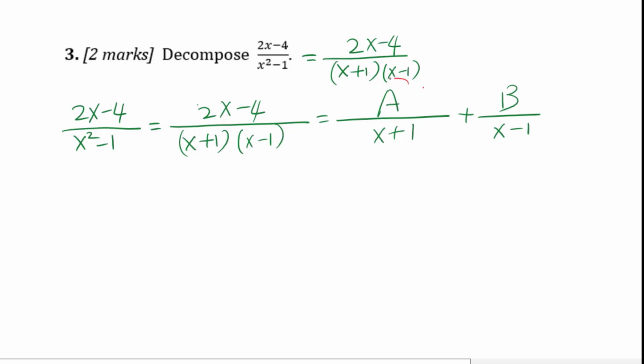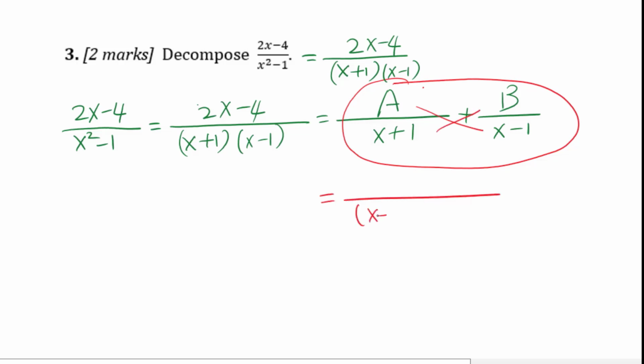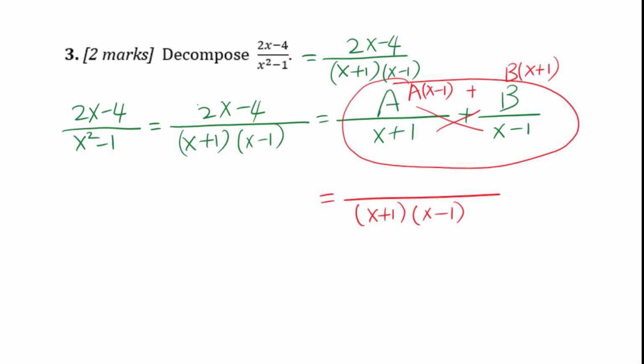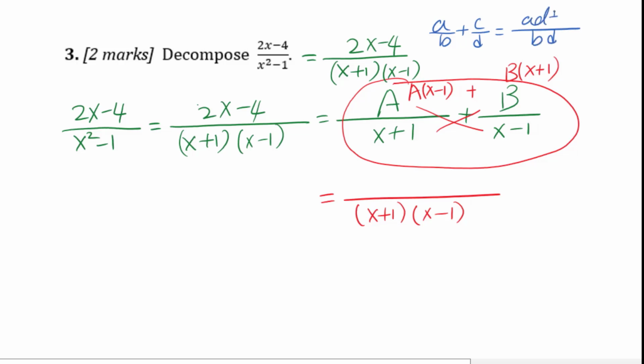We will work out this addition. Cross multiply. We will get denominator x plus 1 times x minus 1. So a times x minus 1 plus b times x plus 1. We are using the formula a over b plus c over d equals ad plus bc over bd.